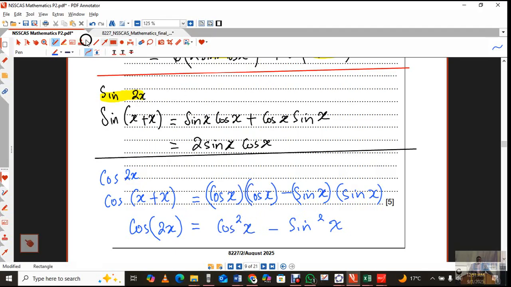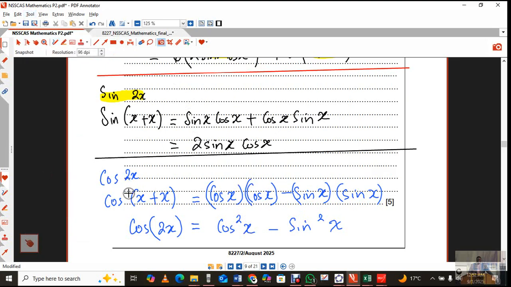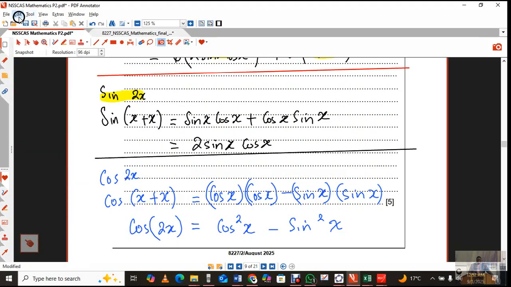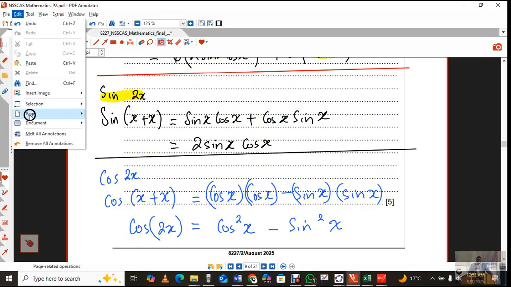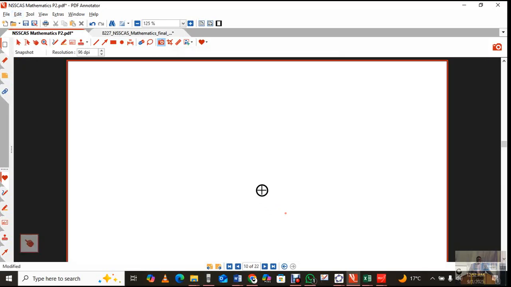So let me just add a page, because again, as I said, there's quite a lot that is going on here. And let's just save, because I have that funny feeling that this thing is going to freeze up on me.